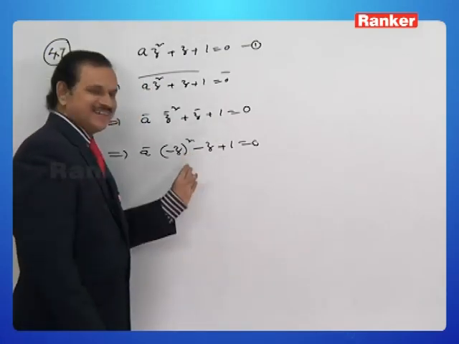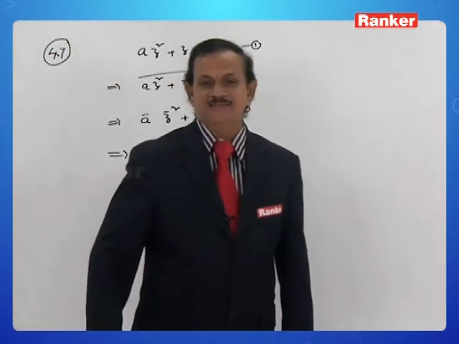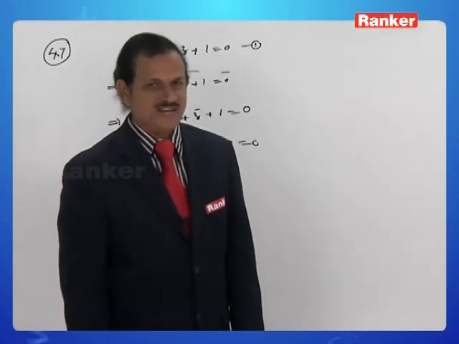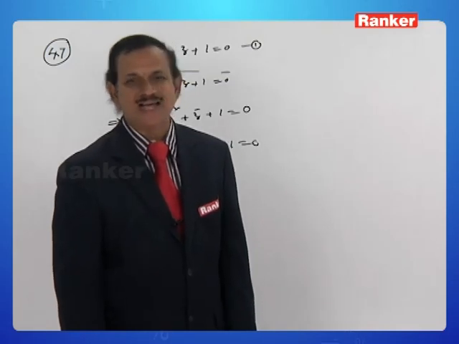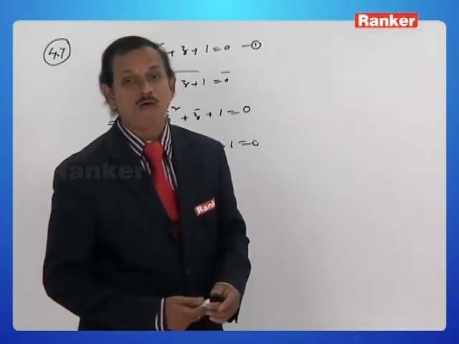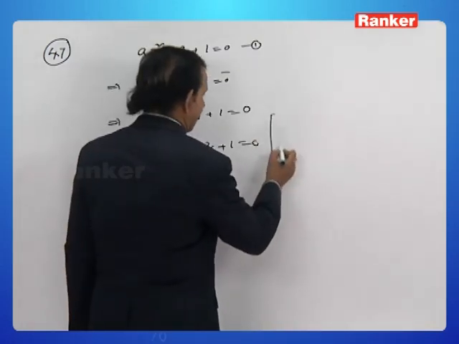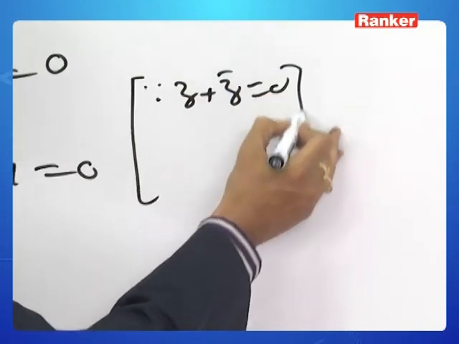How can we get it? Look at the data. It says that equation has only purely imaginary roots, so z is purely imaginary. As in, when z is purely imaginary, z plus z bar is 0, isn't it? That I like to write in the brackets.